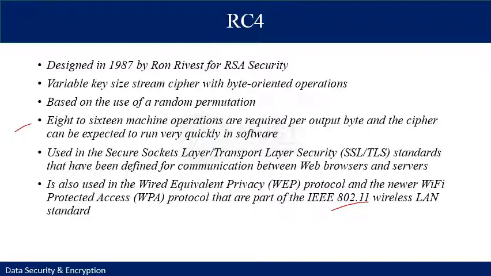The RC4 algorithm is not difficult to understand. It uses a variable length key from 1 to 256 bytes, and uses it to initialize a 256-byte state vector S with elements from location 0 to 255.